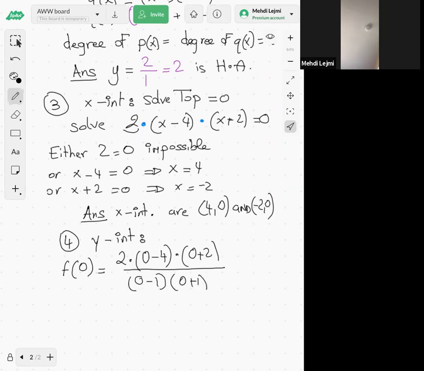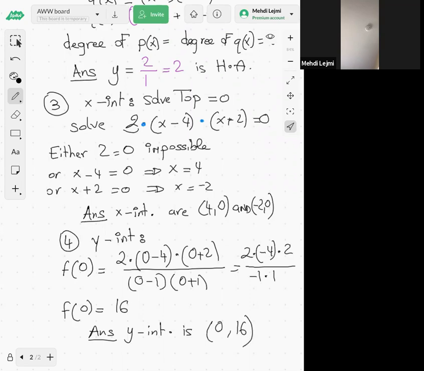So the top would be 2 times negative 4 times positive 2, and in the bottom, that's negative 1 times positive 1. So f of 0, negative over negative, that will be positive, and that will be 16 over 1, which is, of course, 16. So the y-intercept is (0, 16). Again, we have negative over negative, that's positive.